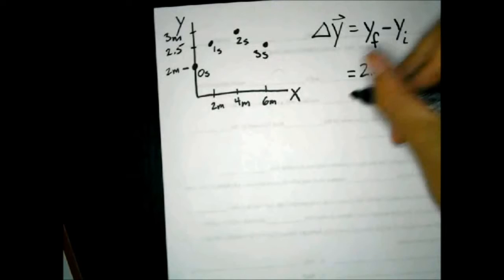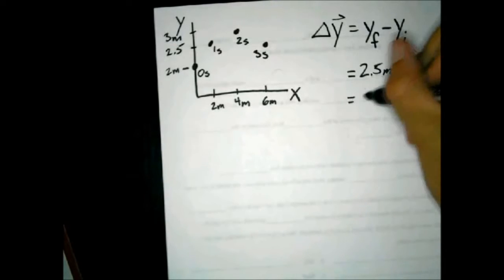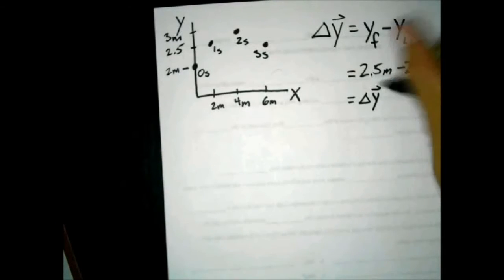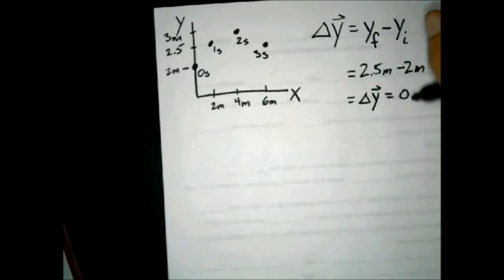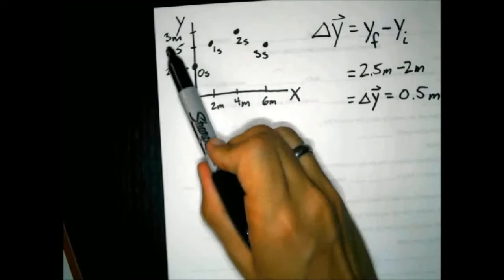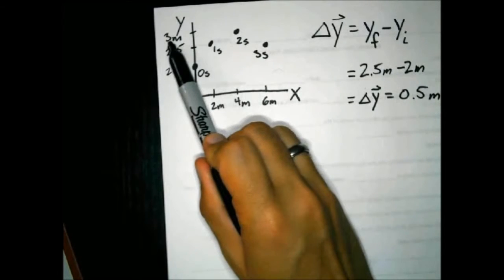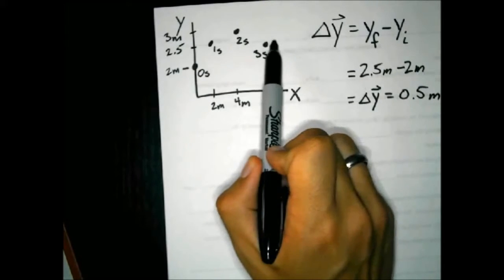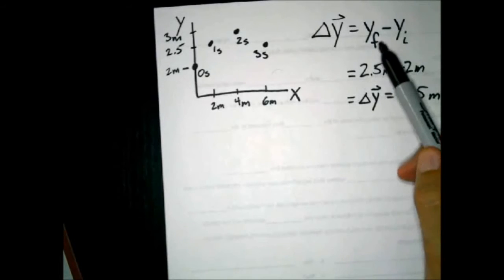So the total displacement was equal to 0.5 meters up. Increase the total of 0.5 meters. Notice that I completely ignored the fact that it went to 3 meters. It wasn't important to the problem because I only looked at final and the initial.